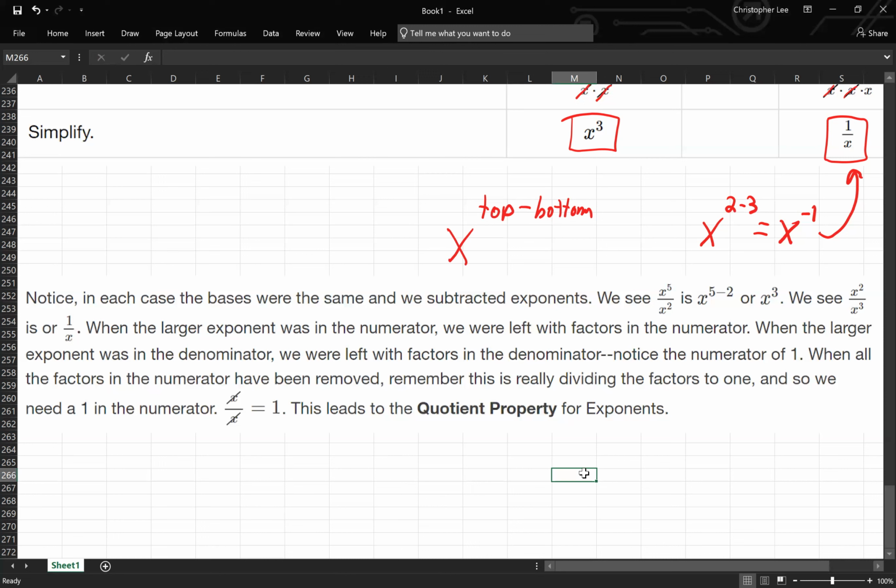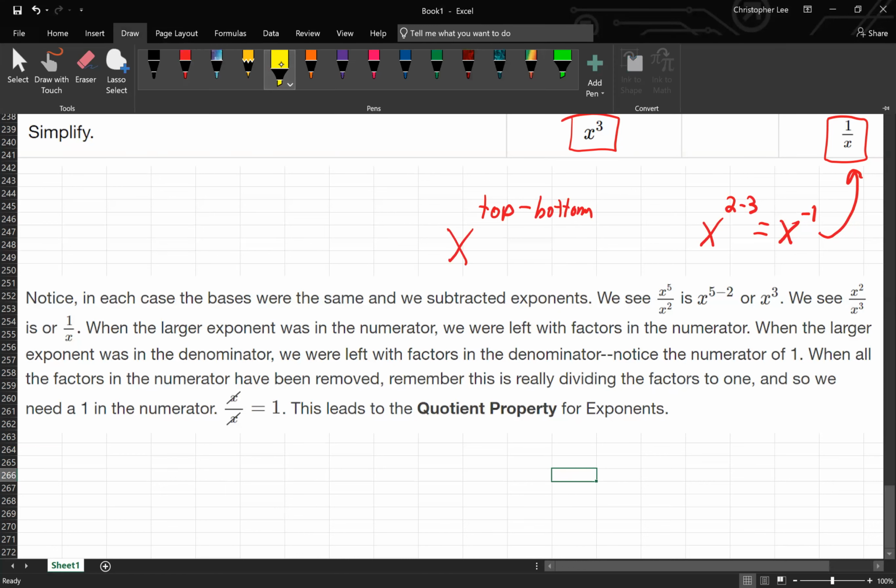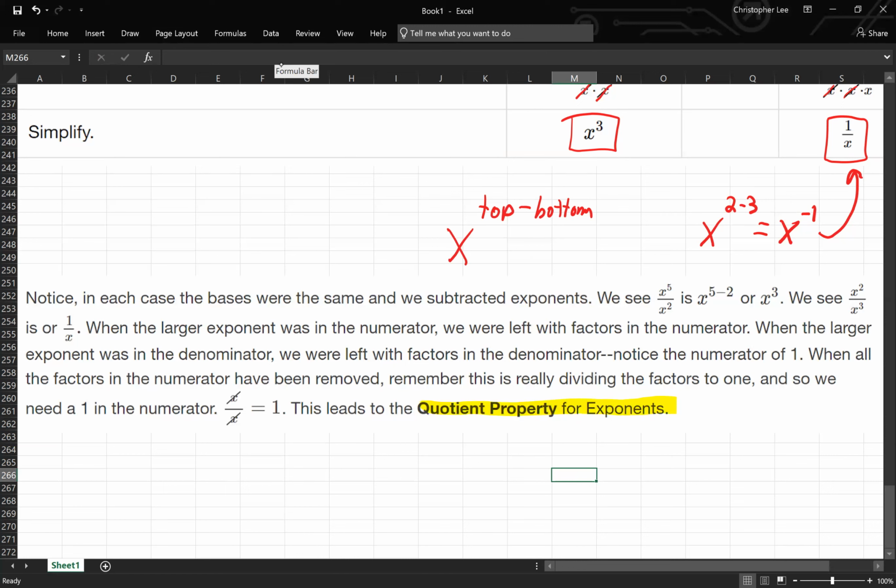When the larger exponent was in the denominator, we were left with factors in the denominator. Notice the numerator of 1. When all the factors in the numerator have been removed, this is really dividing the factors to 1, and so we need a 1 in the numerator. So x divided by x is equal to 1. This leads us to the quotient property of exponents.